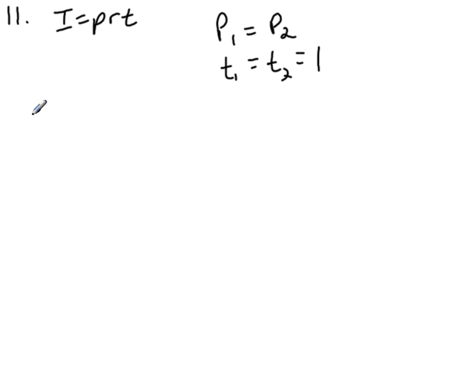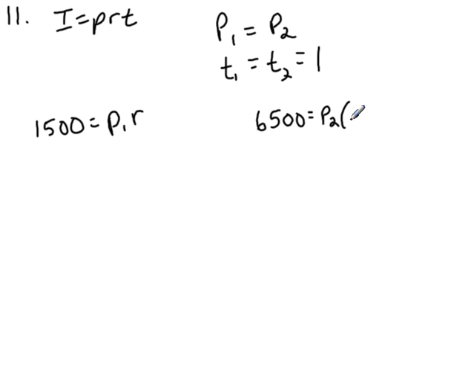So for my first equation, I'm plugging in I equals PRT. My interest for that first one was 1,500, and that's going to equal principal 1 times rate. And then in my second equation, my interest is $6,500, and that's going to equal principal 2 times, and now I can't just put R because my two R's are not the same.